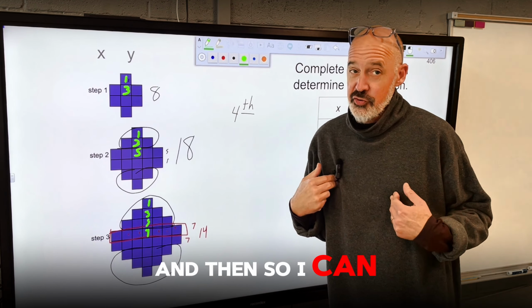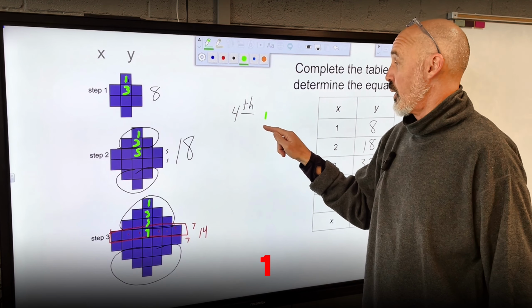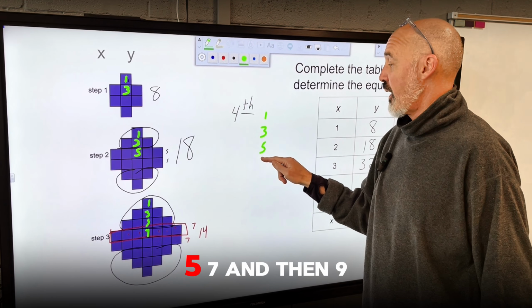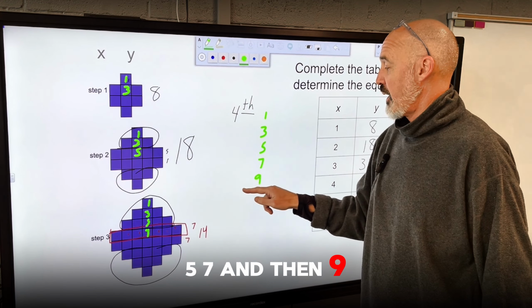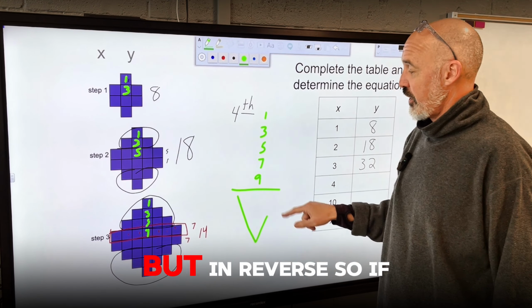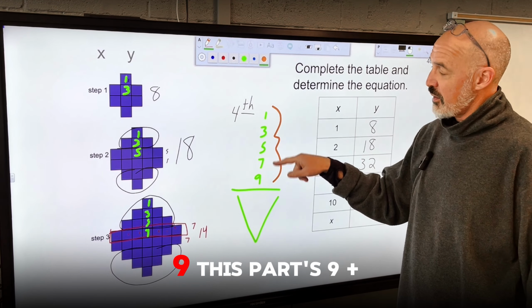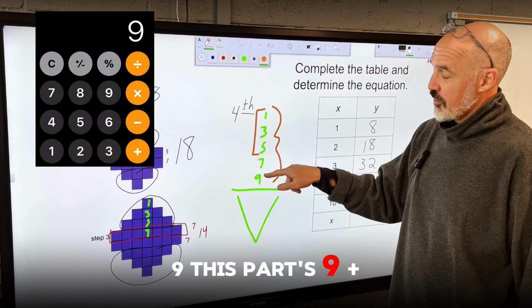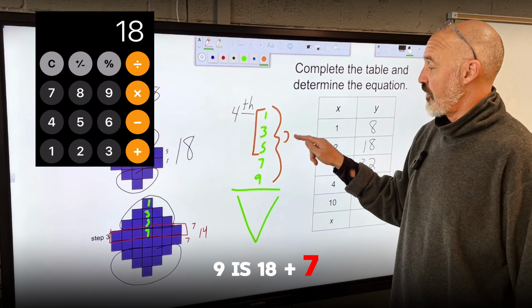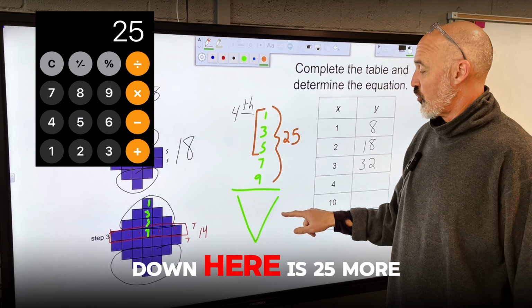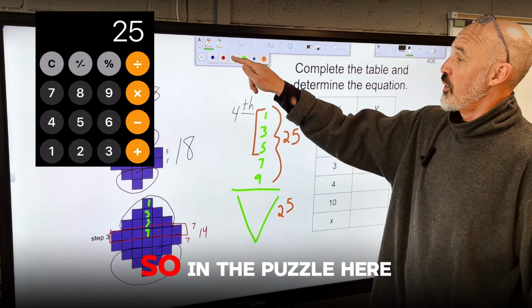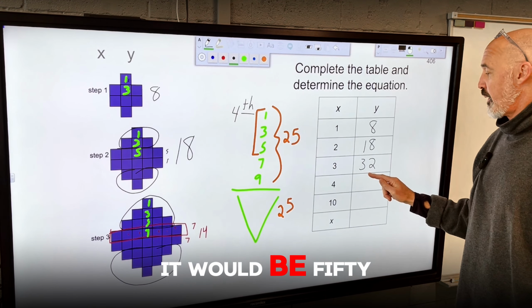And then I can assume it's going to keep going. 1, 3, 5, 7, and then 9. And it's the same on the bottom, but in reverse. So if I add all these up, this part's 9, plus 9 is 18, plus 7 is 25, down here is 25 more. So in the puzzle here, it would be 50.